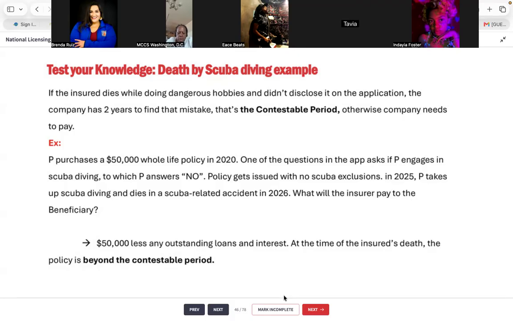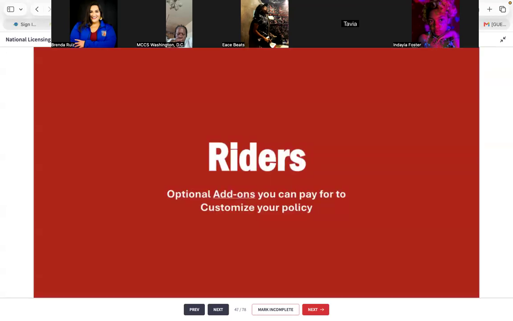It already says in the policy once you receive it, hey, if you pass away committing any crimes or doing any kind of illegal activities, same thing, right? The policy will not pay out. And it doesn't matter when it happens. It could happen day one. It could happen 30, 40, 50 years down the line. Okay.